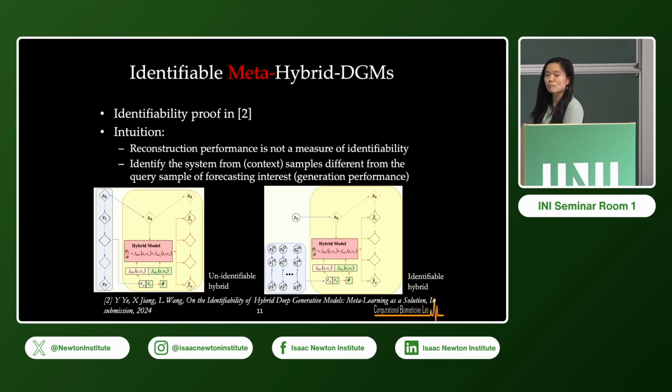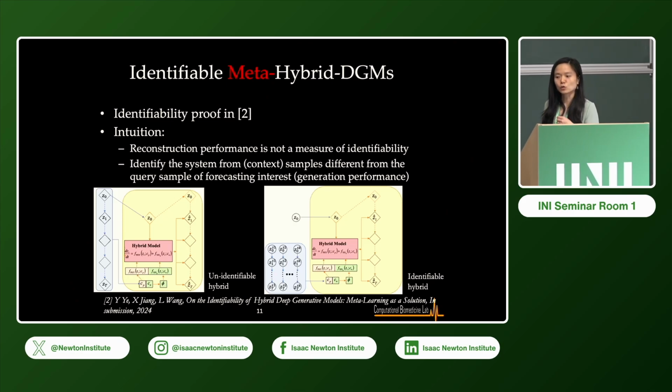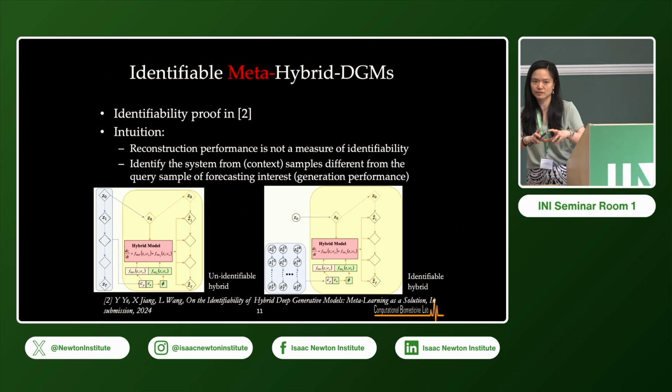So basically, this is what meta learning is about. Meta learning is about training a neural network or model not just to do reconstruction, but to identify its parameter from some data and use it to predict other data that share the same parameter as this sample, but are not the same.